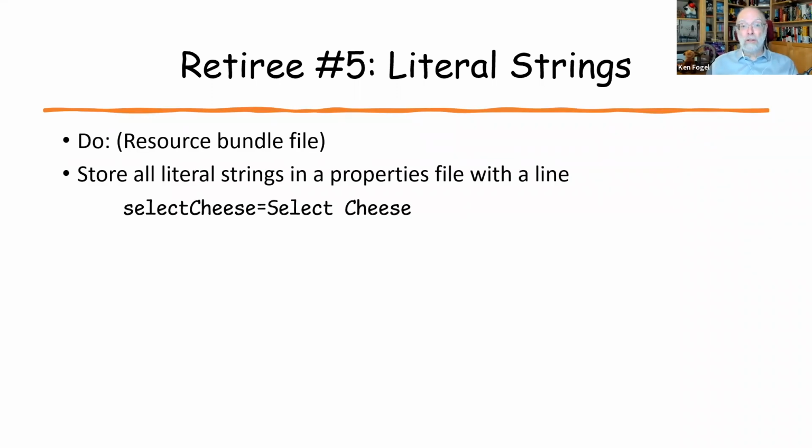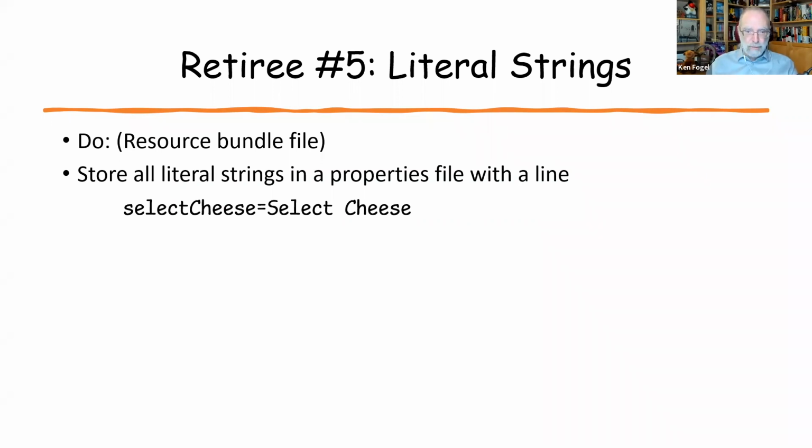And a resource bundle, which sounds kind of complicated, is really nothing more than an ordinary properties file. It follows all the rules of a property file. We have a key on the left, a value on the right. I can have a properties file for each language.